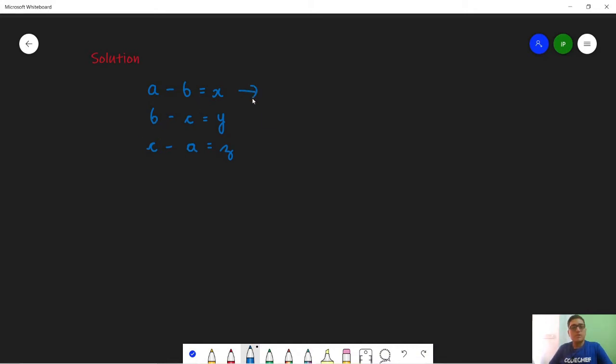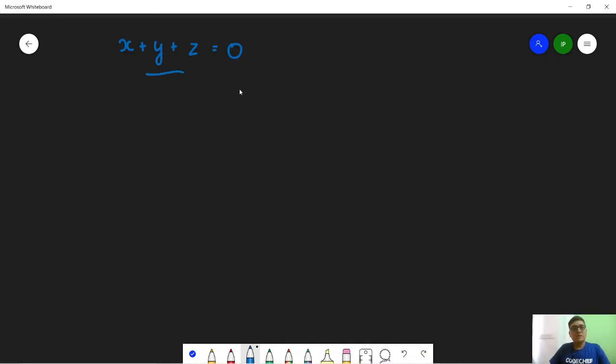From this equation we can see that B is equal to A minus X. From this equation we see that C is equal to A plus Z. Let's put this in equation number 2. So we get A minus X minus A minus Z is equal to Y. From this we can derive that X plus Y plus Z equals 0.